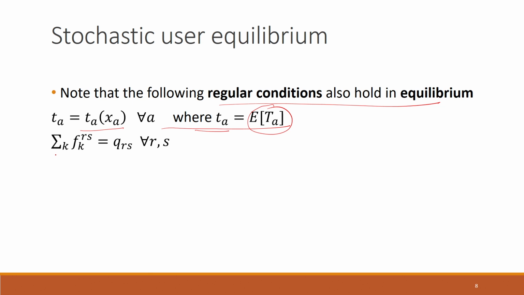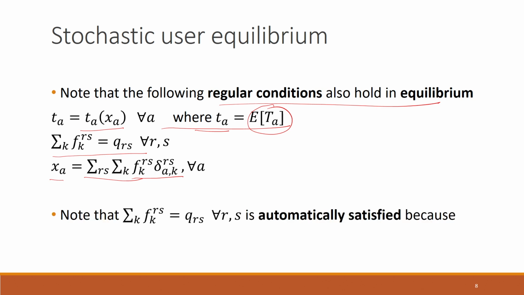Also, the sum of the path flows on different paths will be equal to the travel demand QRS, and the flow on any link A can be determined by the flows on different paths by this relationship. So again, delta AKRS is being used here to relate the link flows with the path flows.